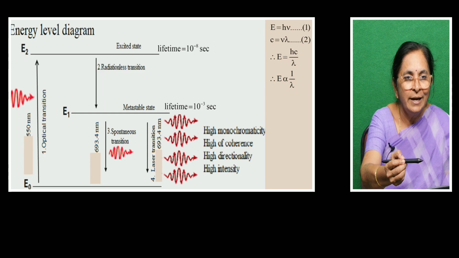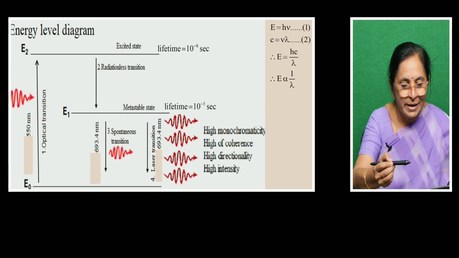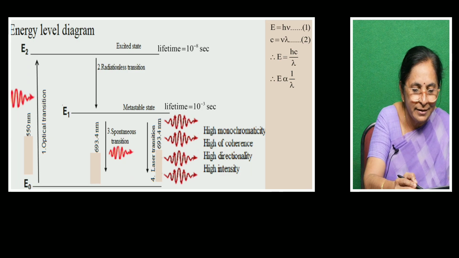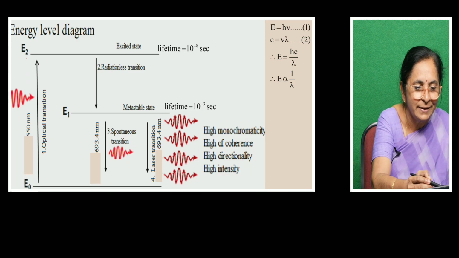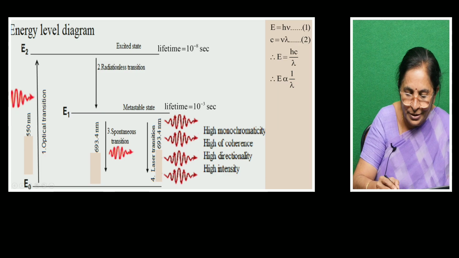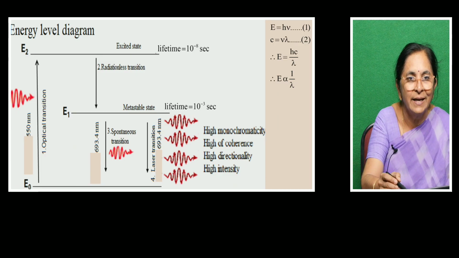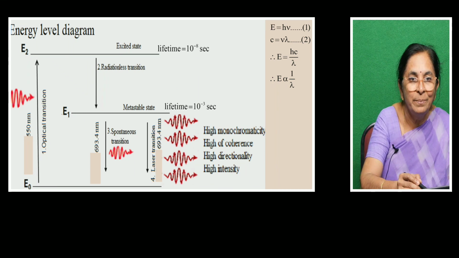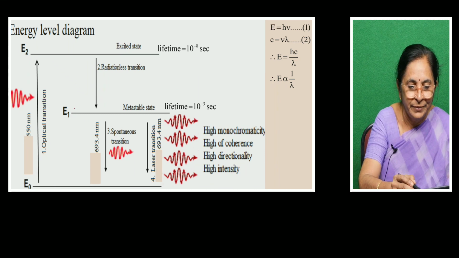Now, the energy level diagram of ruby laser has 3 levels. One is E0, another is E1, and the other is E2. E0 is the ground state, and E2 is the excited state. The level E1 is called metastable state.